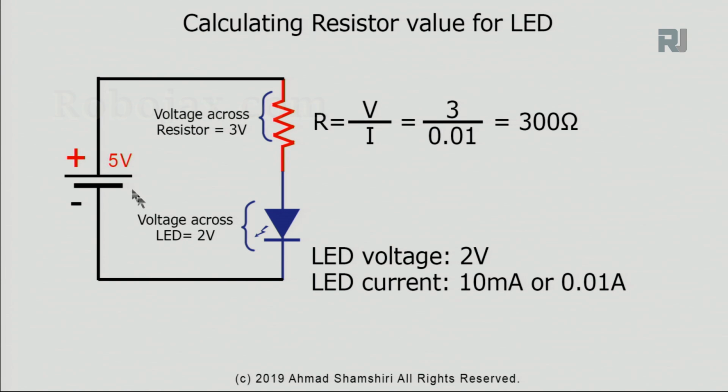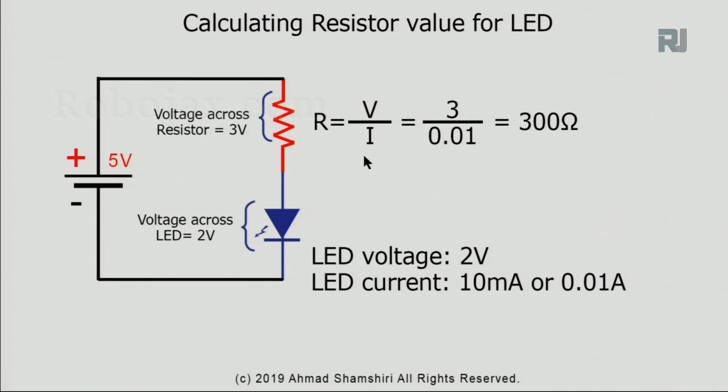Because we have 5 volts and the voltage across the LED is 2 volts, then 5 minus 2, 3 volts must be across this resistor. So R is calculated by Ohm's law, V divided by I, where V is the voltage and I is the current. V is 3 volts, I is 0.01, and we get a 300 ohm resistor.